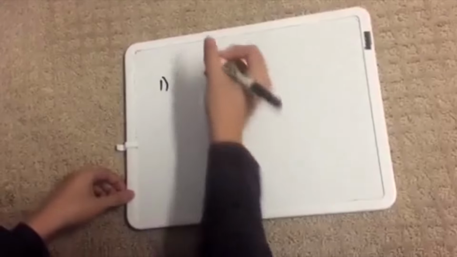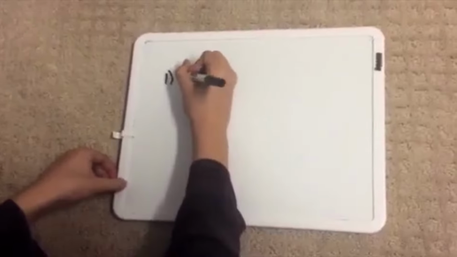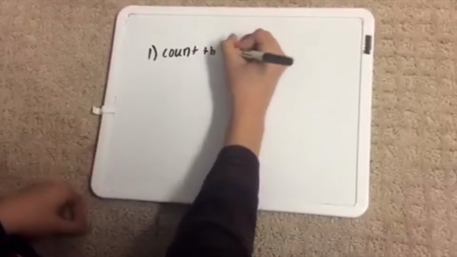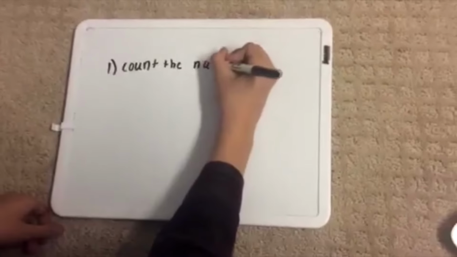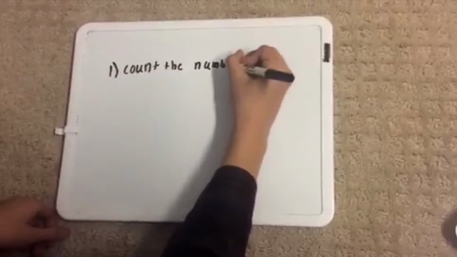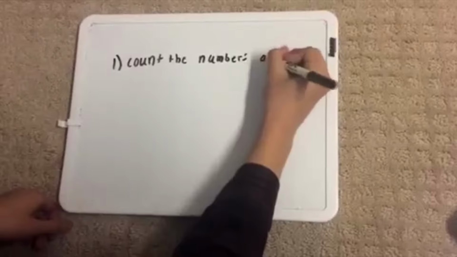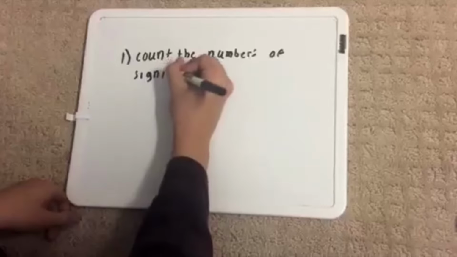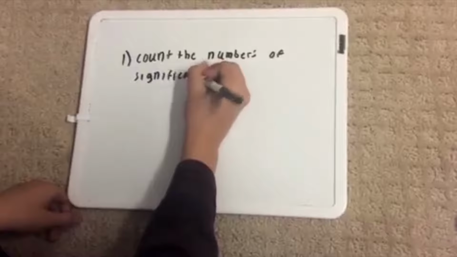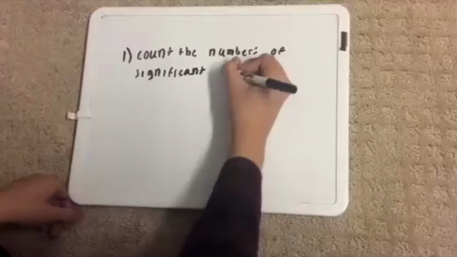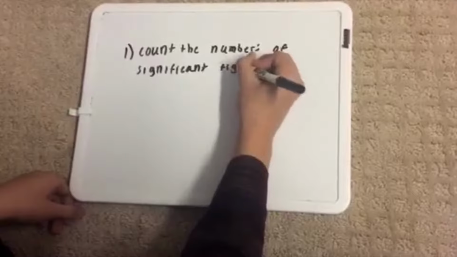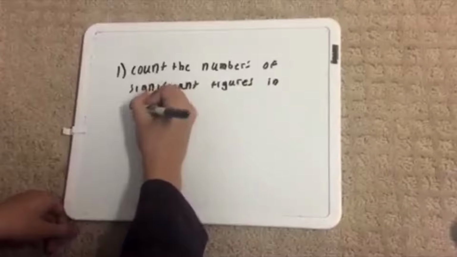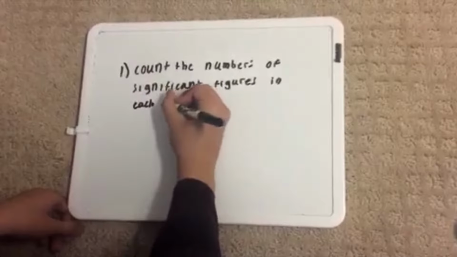So the first step is to count the number of significant figures in each number.